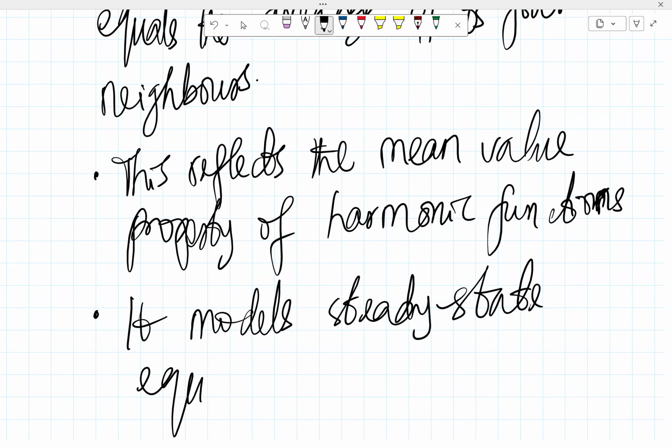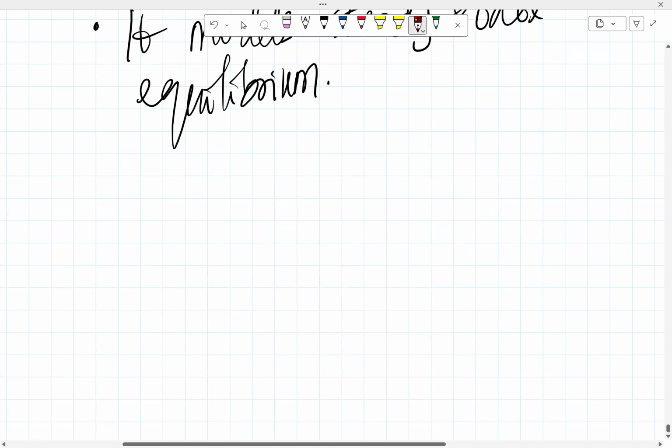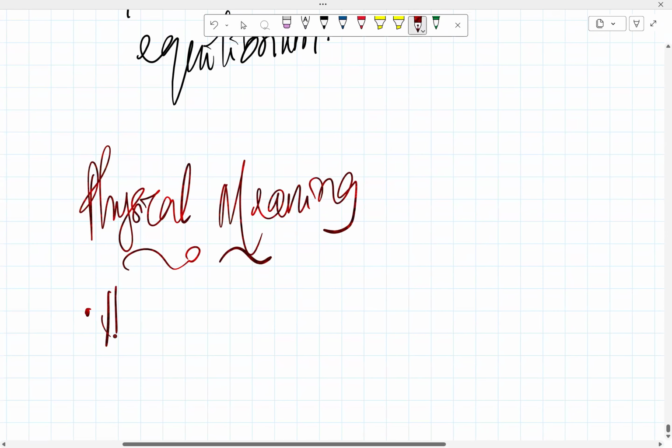Then apart from that, we can talk about the physical meaning. As far as the physical meaning goes, we see that heat flows until temperature stabilizes. No point has excess energy.